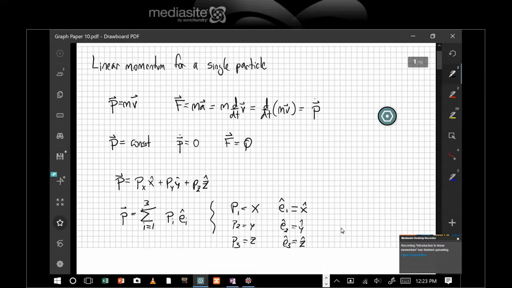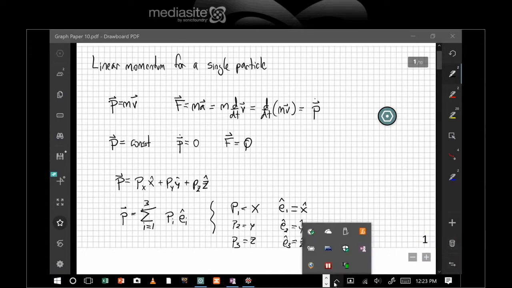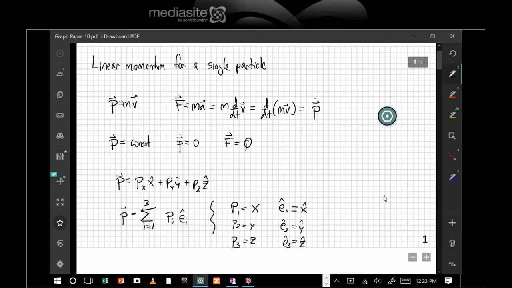In fact, we can get even more sloppy. Let's get rid of this here. The way we can get more sloppy is by saying that p is equal to a sum, first of all, just over i, and then we can write p i with a vector symbol.